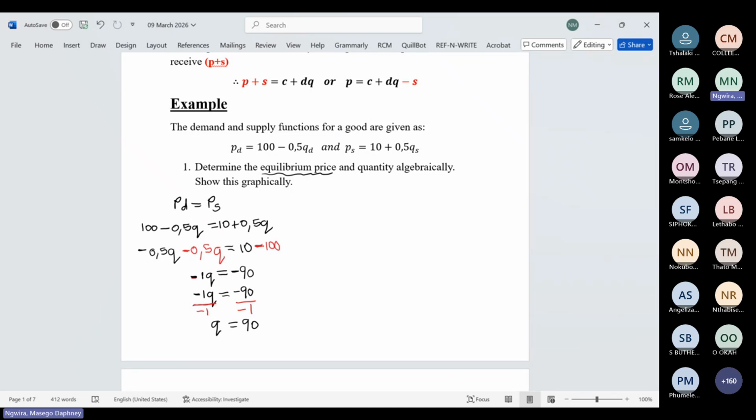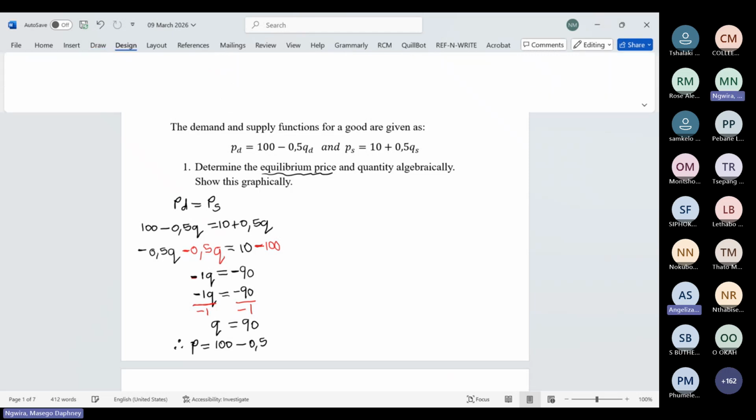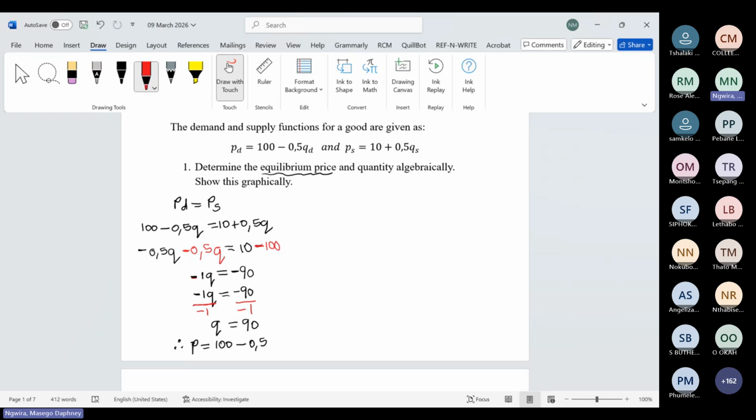All right, so our quantity is going to be 90. And therefore we can look for our price. Remember, when you look for the price, you can use any formula. You can use the one of 100 minus 0.5Q, or you can use the one of 10 plus 0.5Q. It doesn't really matter. The answer will be the same. So I'm just going to say, therefore, my P is equal to 100 minus 0.5 times, wherever I see Q, I'm going to put 90.